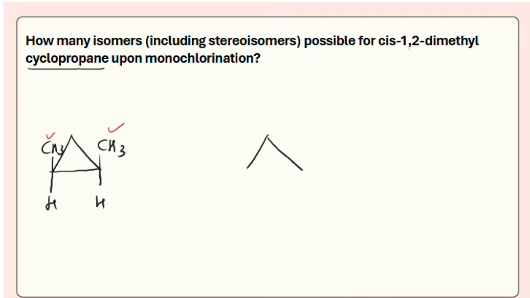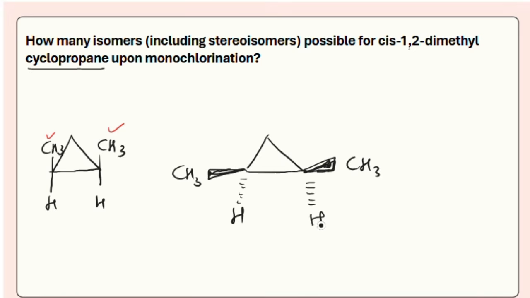There is another way which you can use, which is also called a wedge-dash structure, where the methyl above the plane is represented by a wedge line, and the dashed line represents hydrogen which is below the plane. Similarly, you can write like this. This is a thick line indicating it is above the plane, and hydrogen is a broken line, which is nothing but below the plane.